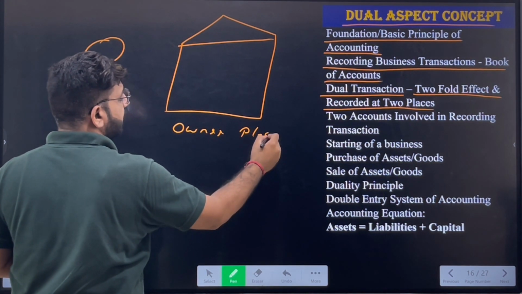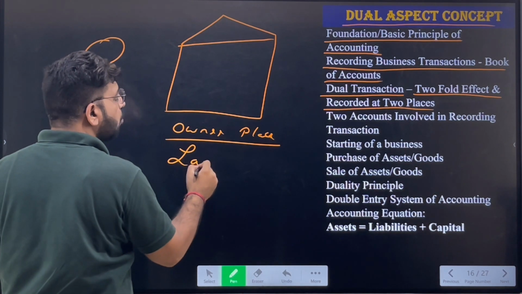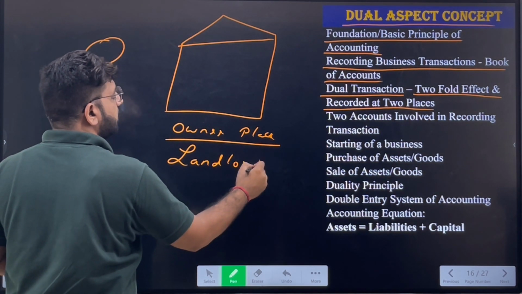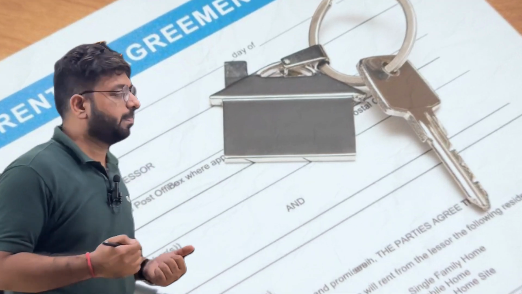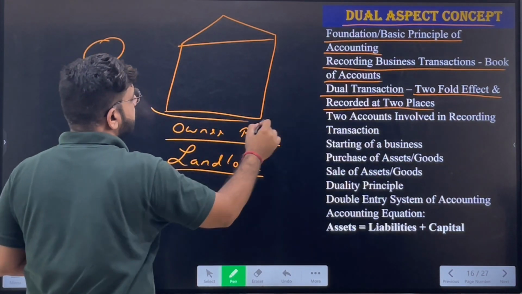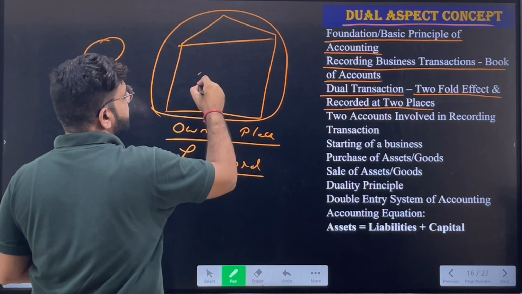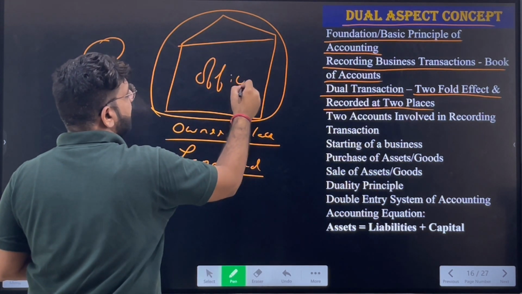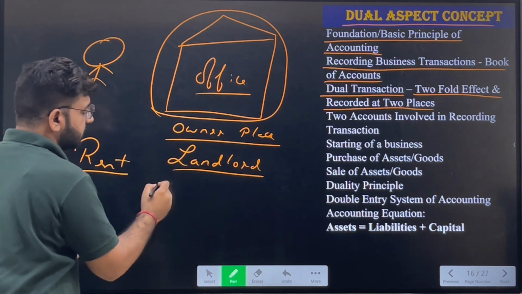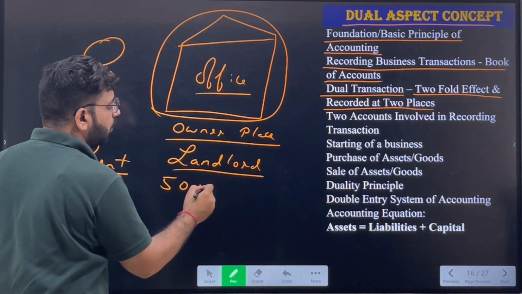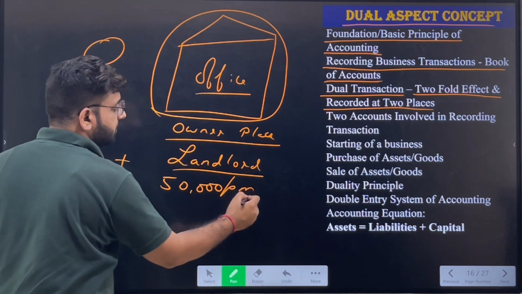The owner of this place is the landlord from whom I have taken this property, this building where I have my office on rent. So what's happening here? In order to have this office with me, I will have to pay a certain amount of rent to my landlord. Suppose the rent I am paying to my landlord is rupees 50,000 per month.